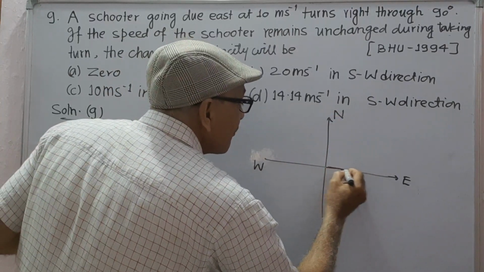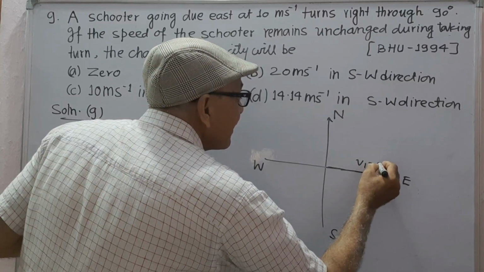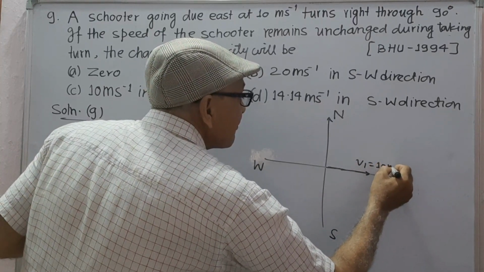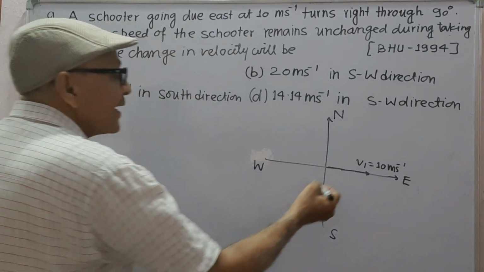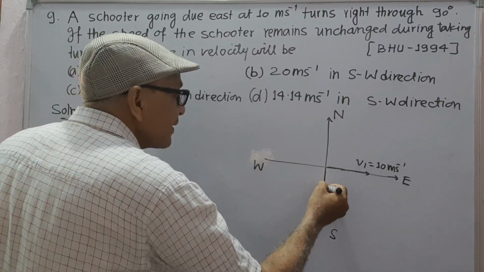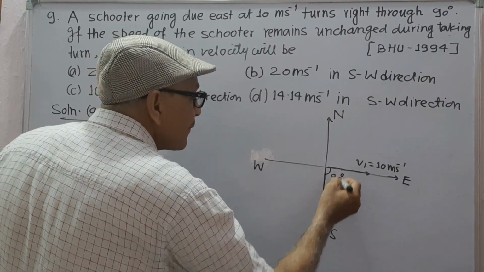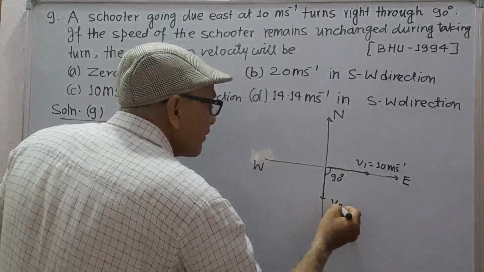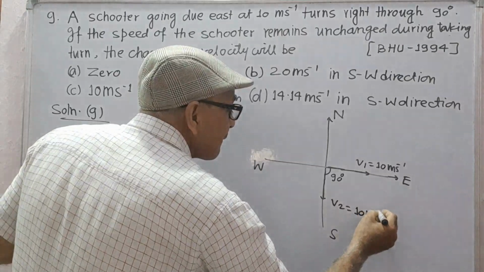Initially, V1 is 10 meter per second along this side, and then it takes a turn at 90 degree with same speed 10 meter per second.